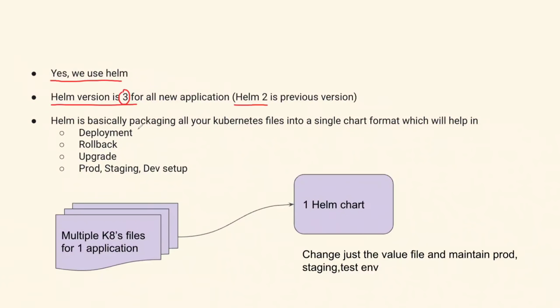So now let us understand what problem Helm is trying to solve. For a single application in Kubernetes, you might end up writing multiple files as a part of an application.